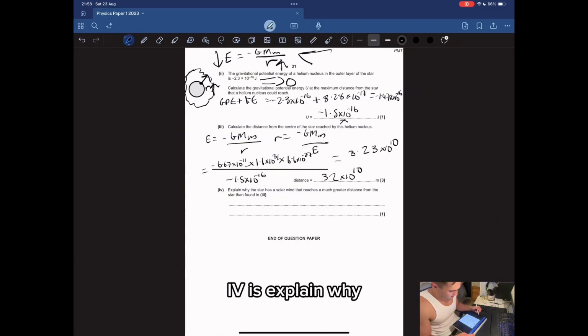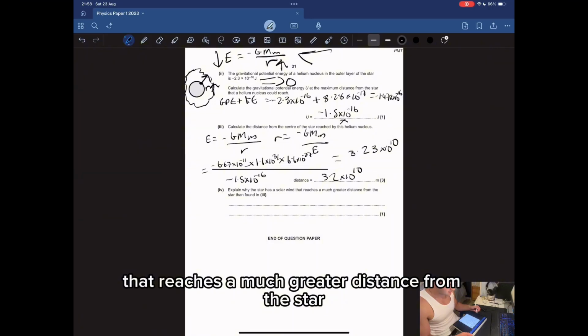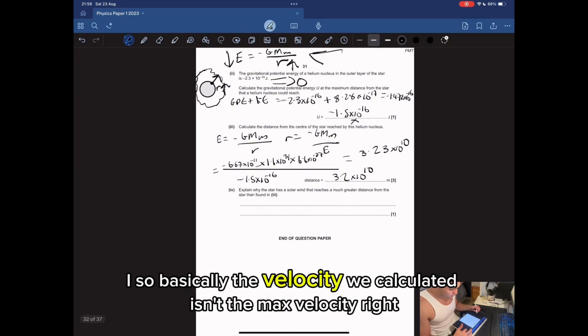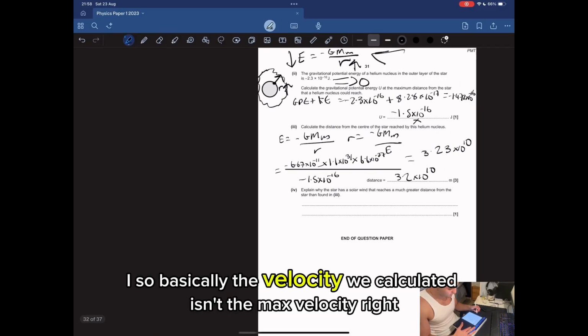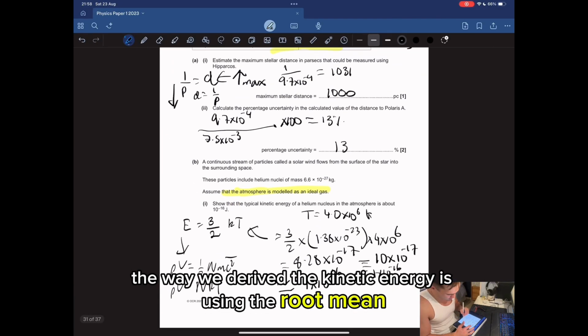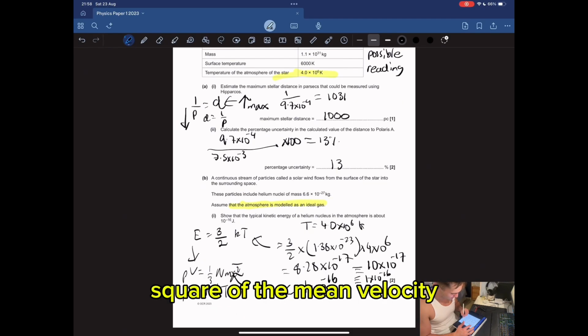IV is explain why the star has a solar wind that reaches a much greater distance from the star found in III. So basically the velocity we calculated isn't the max velocity, right? Because the way we derive the kinetic energy is using the root mean square, so the mean velocity.